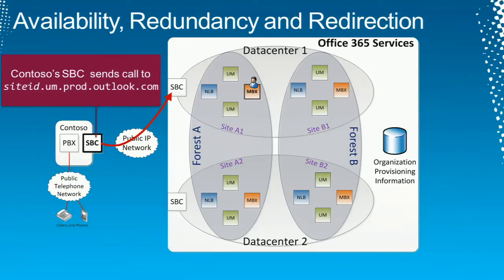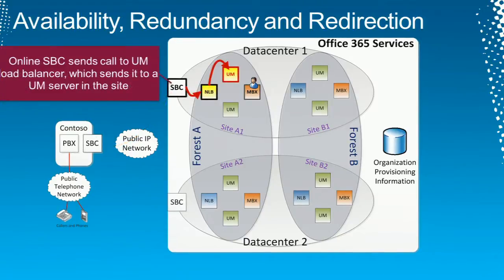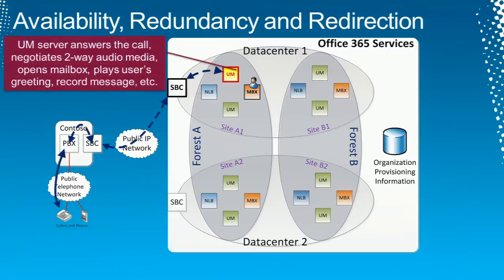So back on premises, Contoso's SBC sends the call now to site id.um.prod.outlook.com, and finally, it just gets the load balancers in that site. And actually, there's only one of them in this diagram, and that sends the call to a server in the site. And finally, is in the right site, in the right forest for this user's mailbox, and it's able to answer the call, negotiate the media, open the mailbox, play the greeting, and do all those good things.